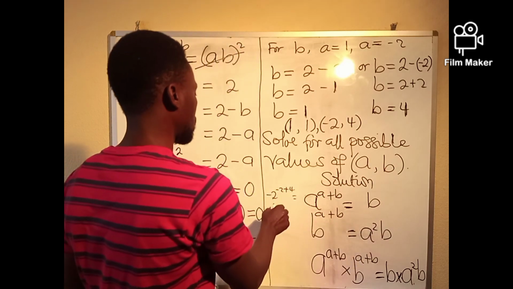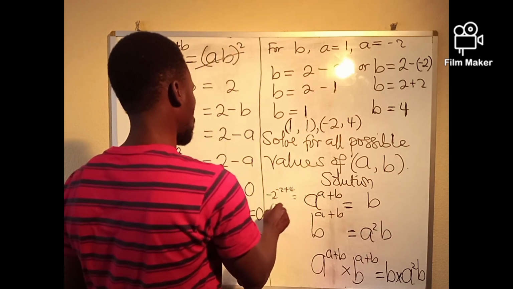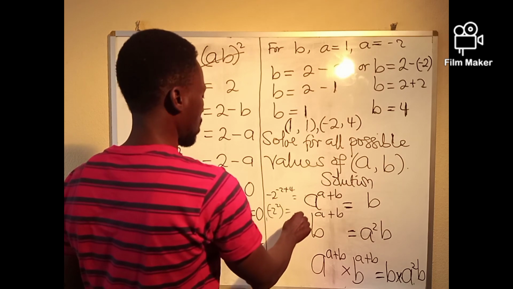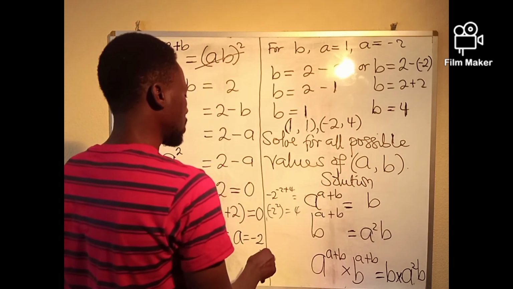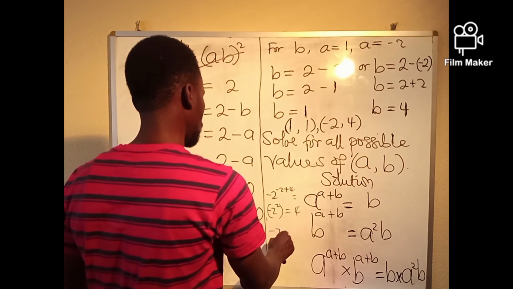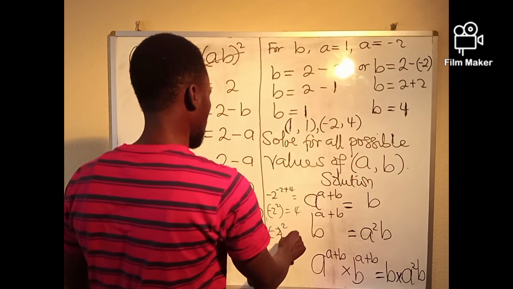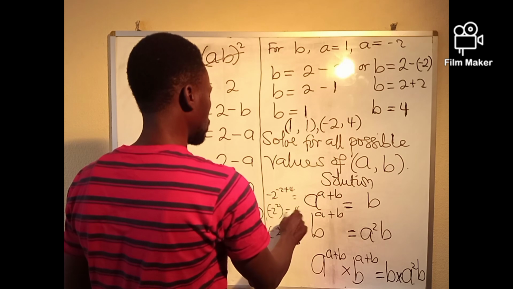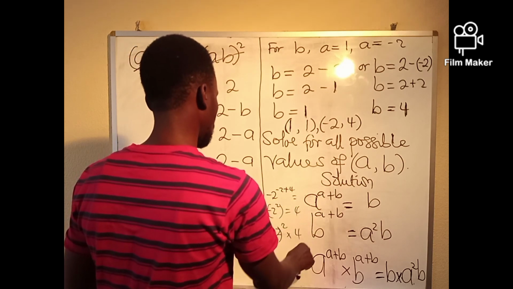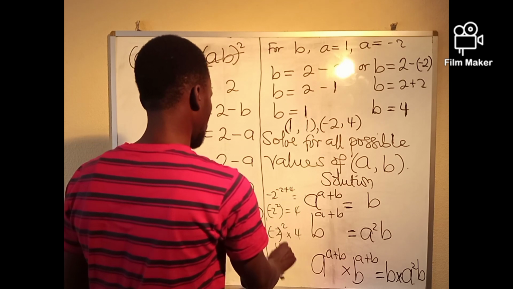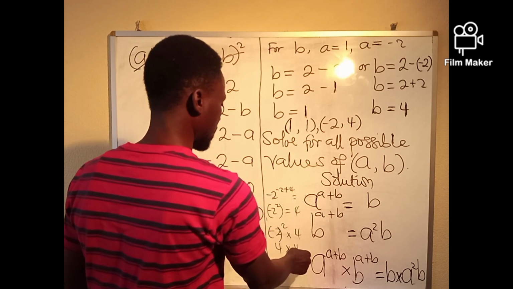So this will give us negative 2 squared, which will give us 4. And on the right hand side, we have a squared, which is negative 2 squared, times b. b is equal to 4. So negative 2 squared is 4, and 4 times 4 will give us 16.